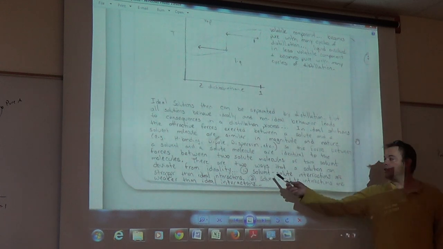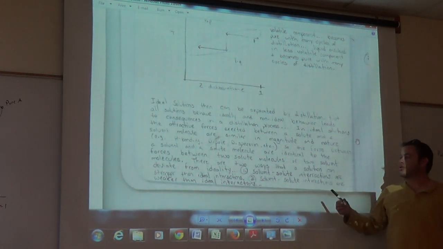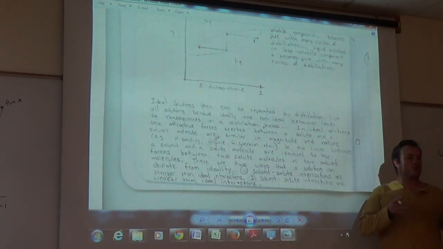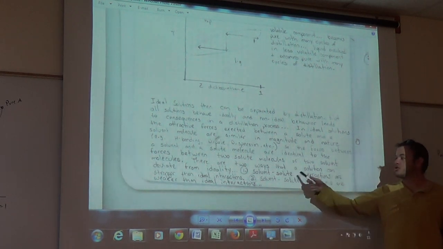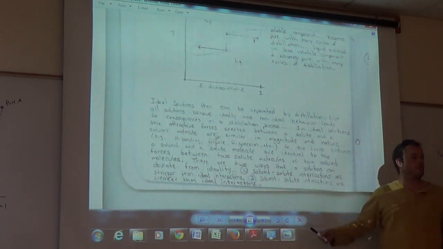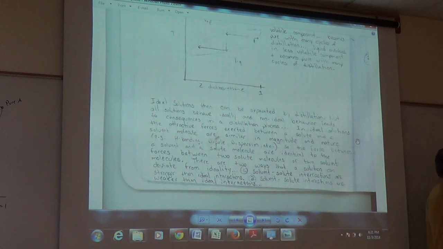In one situation, the solvent to solute interactions are stronger than the interactions between two solute molecules or two solvent molecules. So the forces that are binding individual A molecules together and individual B molecules together are weaker than the forces that would bond an A and a B molecule together.